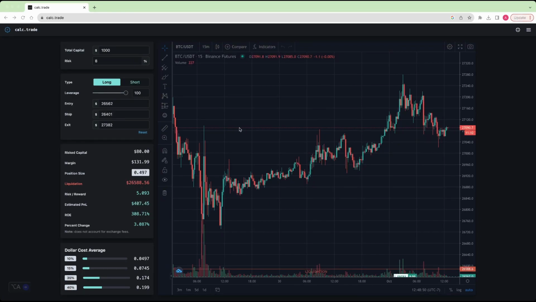Go into your centralized exchange, put your position size of the BTC in there, and then put your stop and your entry, exactly how you put it in calc.trade. And I promise you will not fall foul to anything other than if you make a mistake. Well, I've been trading this way for a long time now, so it's the best way to go.